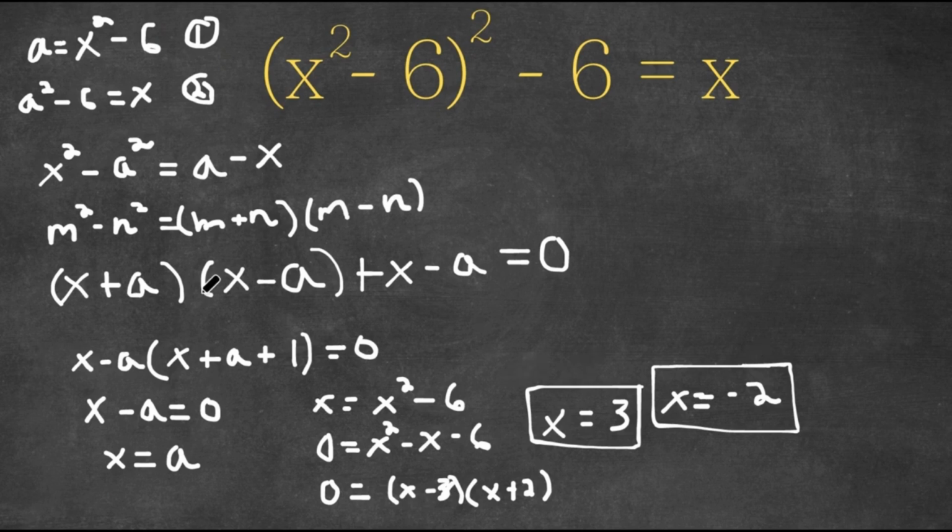However, there is still another equation. We still have x plus a plus 1 equals 0. That means that x is equal to, I'm going to subtract everything and move it to the right hand side, negative a minus 1.